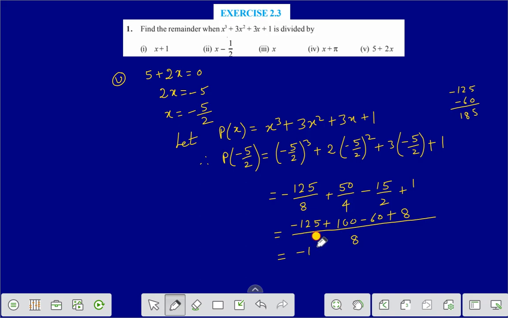Minus 185 plus 108 divided by 8. Now if we subtract 185 and 108.